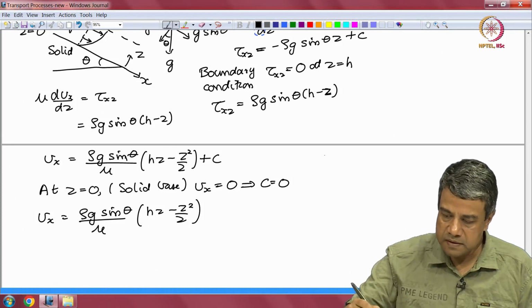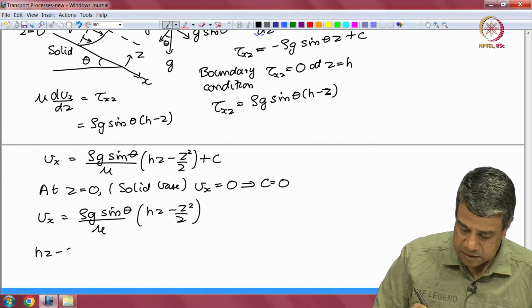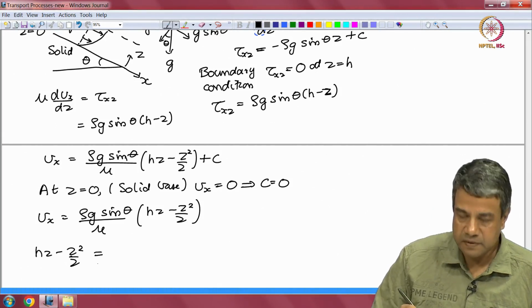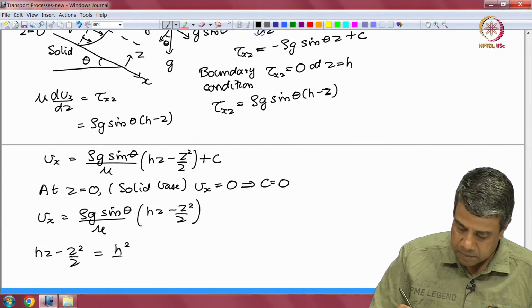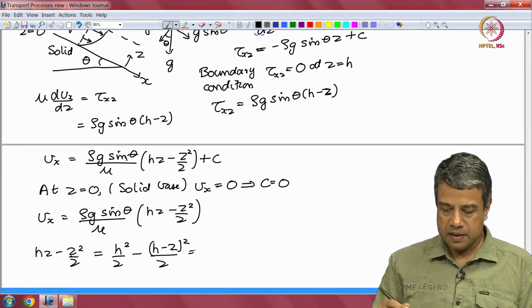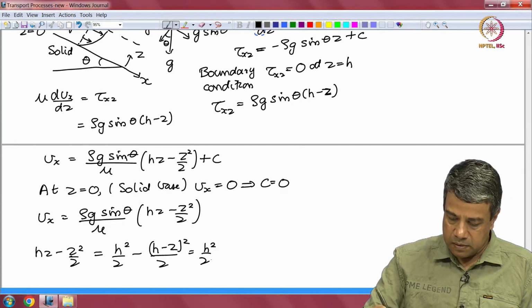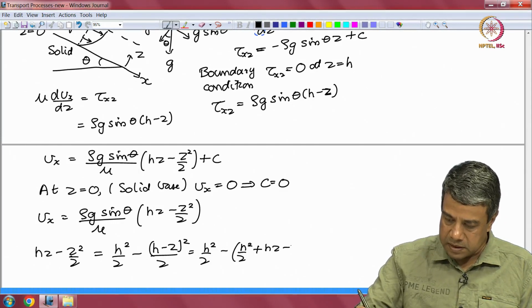This factor, hz minus z square by 2, is conventionally written as h square by 2 minus h minus z the whole square by 2. You can expand this and you will get h square by 2 minus h square by 2 plus hz minus z square by 2.